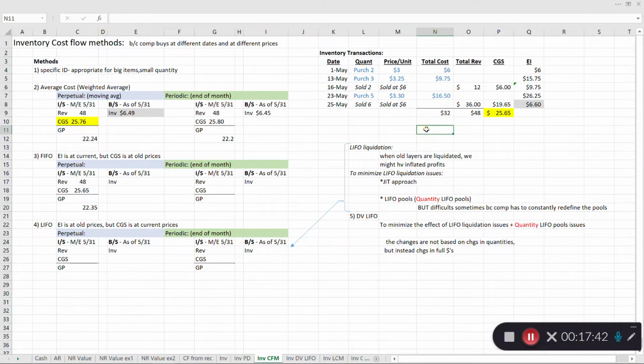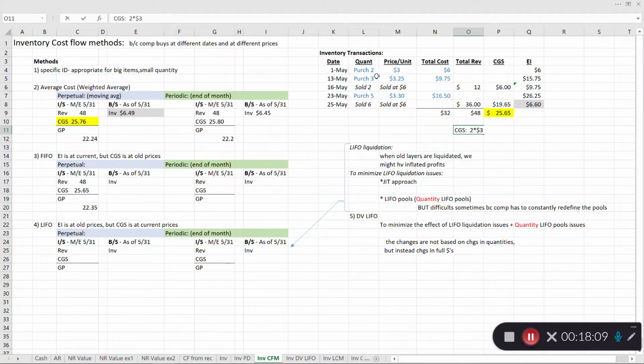So technically, I gotta get cost of goods sold for 8 items. Well, the way you're gonna do it is, the cost of goods sold is going to be as follows. You're gonna get 2 times $3, that's these right here, those are the first in, and that still leaves us 6 more to account for.